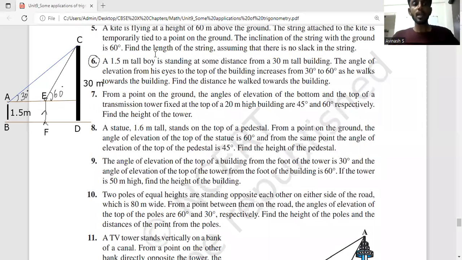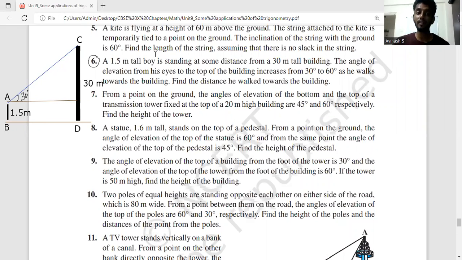I repeat, if you look at the diagram now, you can very clearly see there is a boy who has been represented as AB and whose height is 1.5 meter. And there is a building in front of this boy, which is CD, which is 30 meters. So this boy is looking at the top of the building, like the terrace of the building. The angle of elevation is 30 degree.